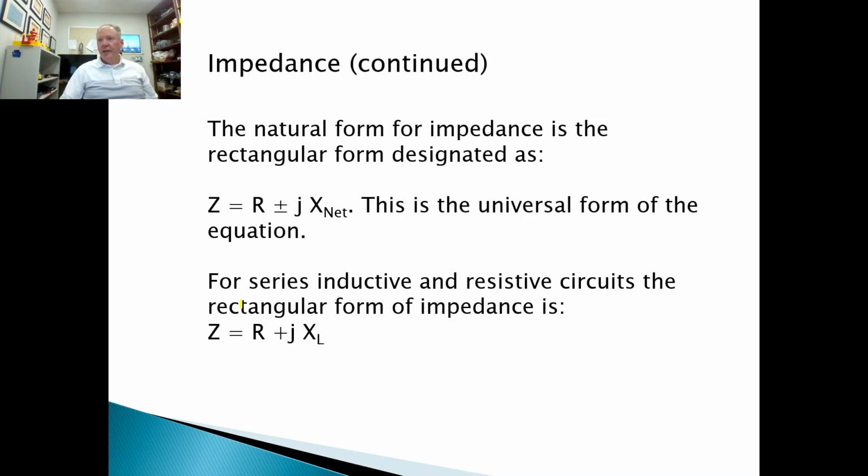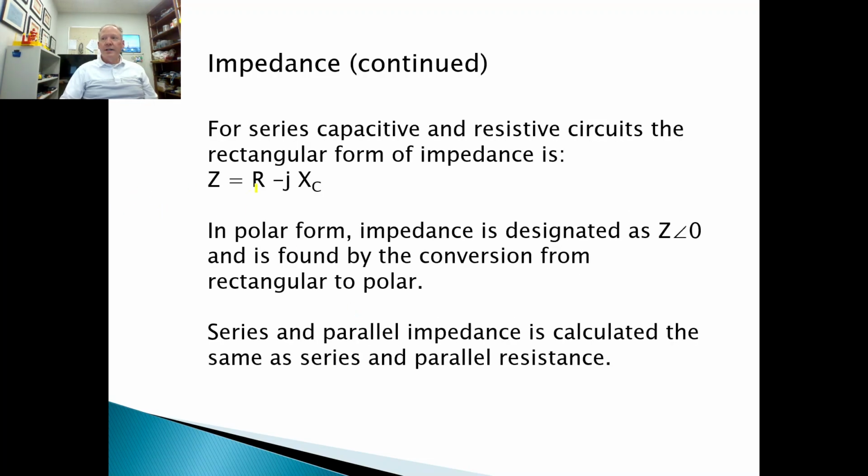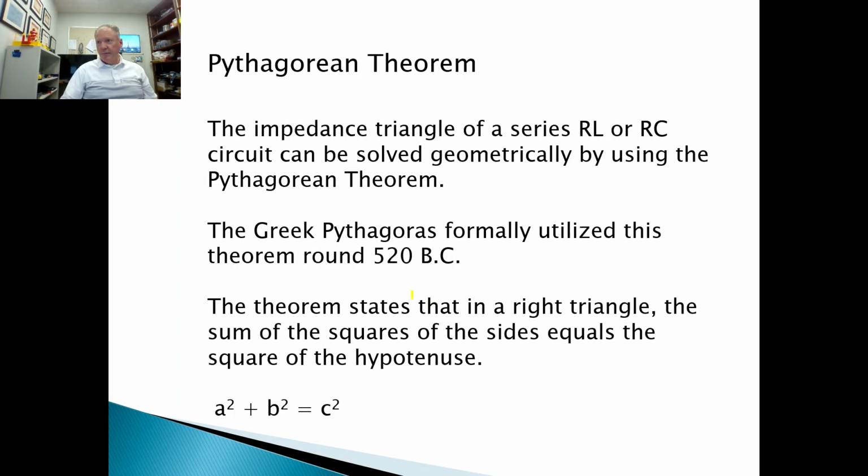So in a series inductive circuit, it's going to be R plus jX of L, and then in a capacitive circuit, it's going to be R minus jX of C. Now in polar form, impedance is designated as Z and then the angle theta, and is found by the conversion from rectangular to polar. Now, series and parallel impedance is calculated the same as series and parallel resistance. So that's the same for AC as it is DC.